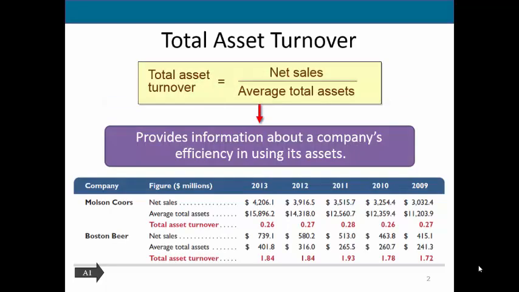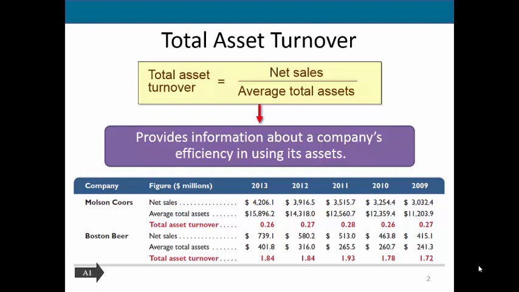Anytime we're talking about a turnover ratio, we're always looking at whatever the turnover is for, we're looking at, are we turning over that item in order to make sales or to make income? So if it is the total asset turnover, we're trying to get an idea of, okay, this company has purchased a lot of assets. Are they purchasing useful assets? Meaning, are they purchasing assets that are actually producing sales?